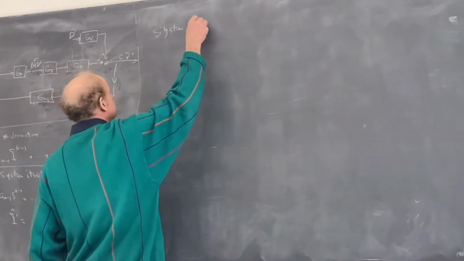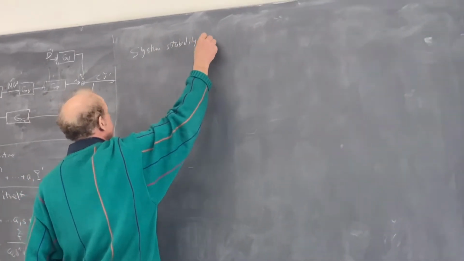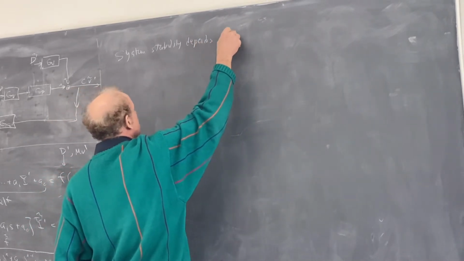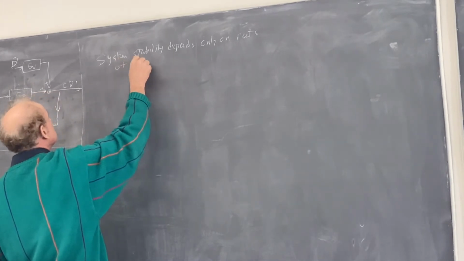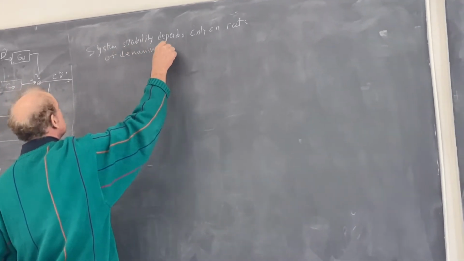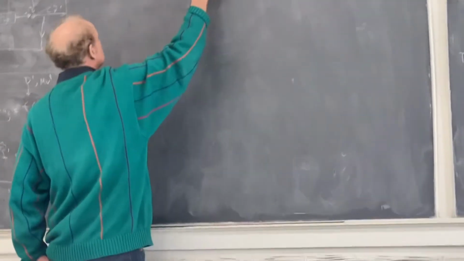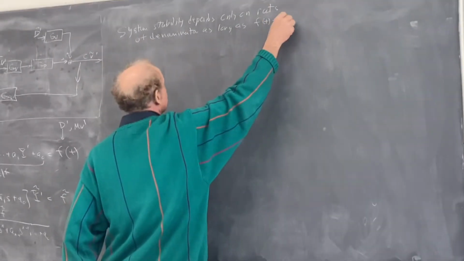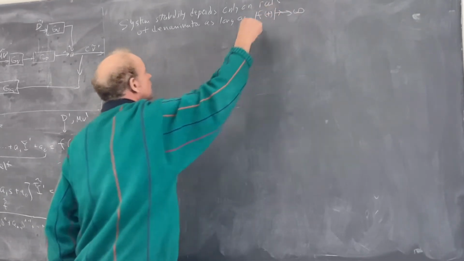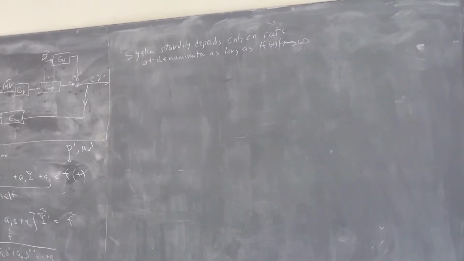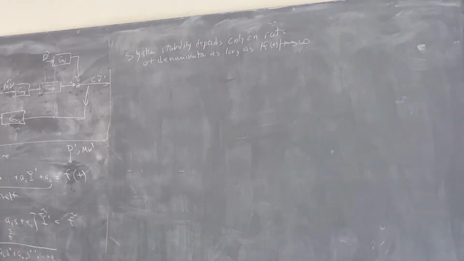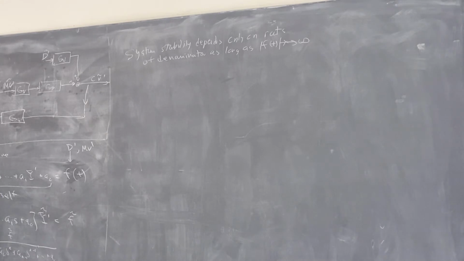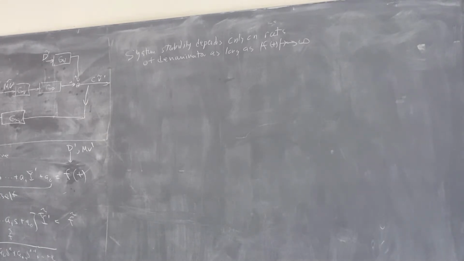System stability depends only on the roots of the denominator, as long as f of t does not go to infinity. As long as the disturbance doesn't become infinite, or the manipulated variable doesn't become infinite, the system will be stable if the system itself, if the denominator has roots that all have negative real parts.